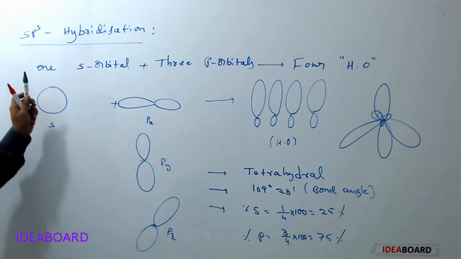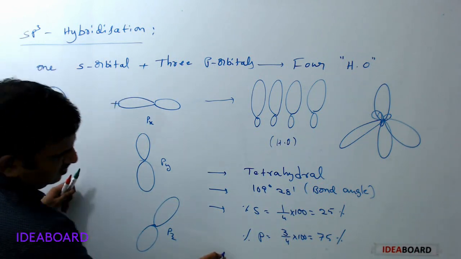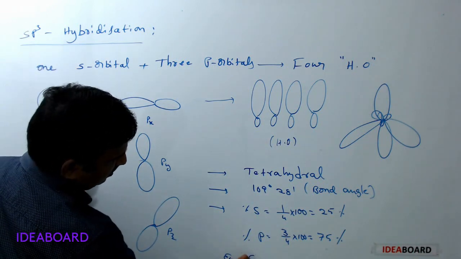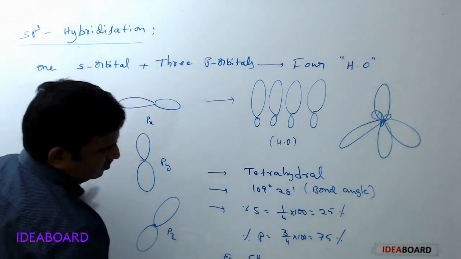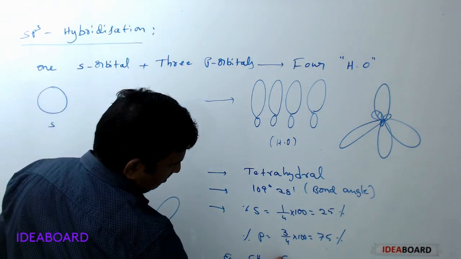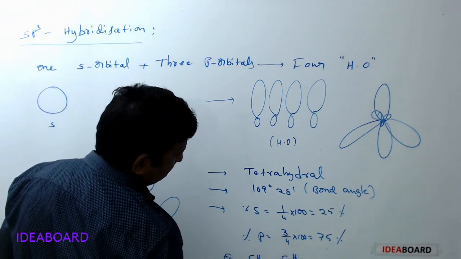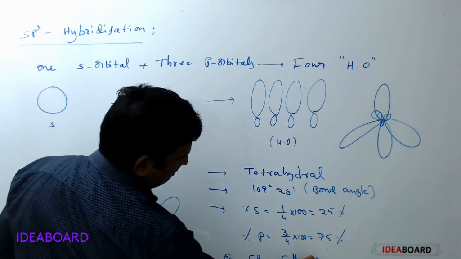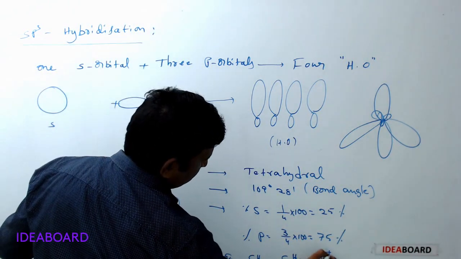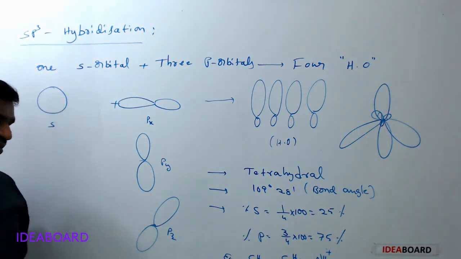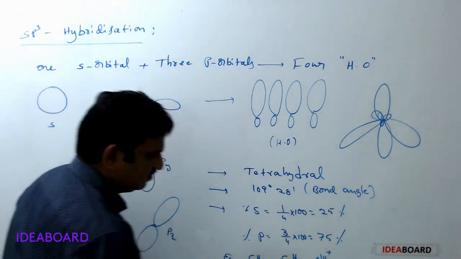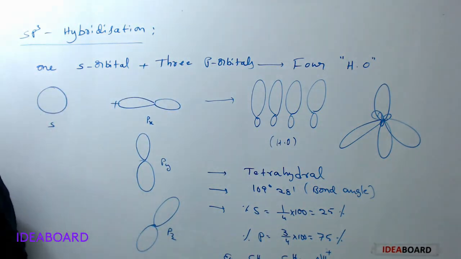So this is sp3 hybridization, and examples, the best simple example is CH4, and another example C2H6, and NH4+ we can write. These are examples for the sp3 hybridization process.